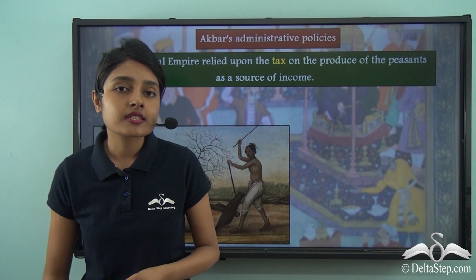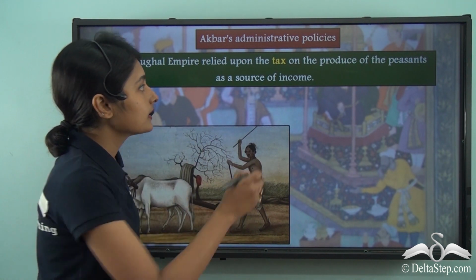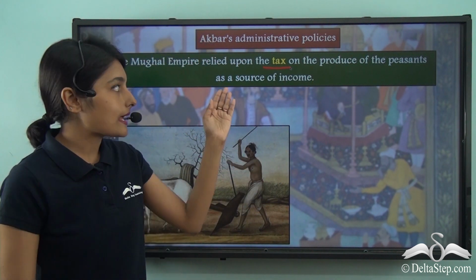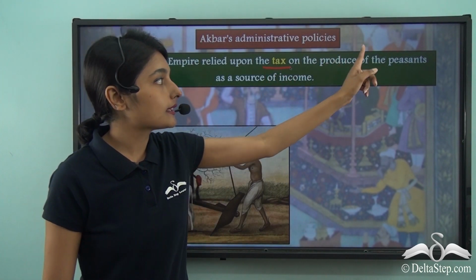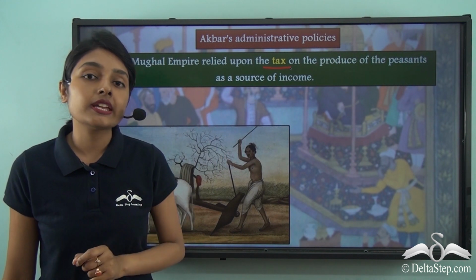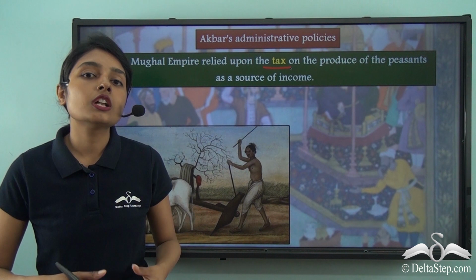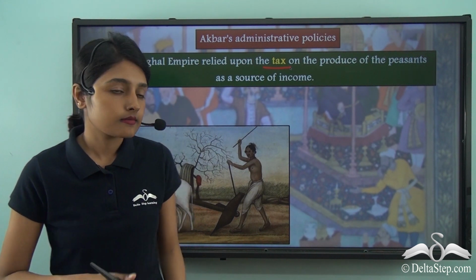So how was this done? The Mughal Empire relied upon the tax on the produce of peasants as the source of income. So the taxes that were paid by the peasants constituted the most important source of income for the Mughal Empire, and this is how the Mughal treasury kept on amassing huge resources.